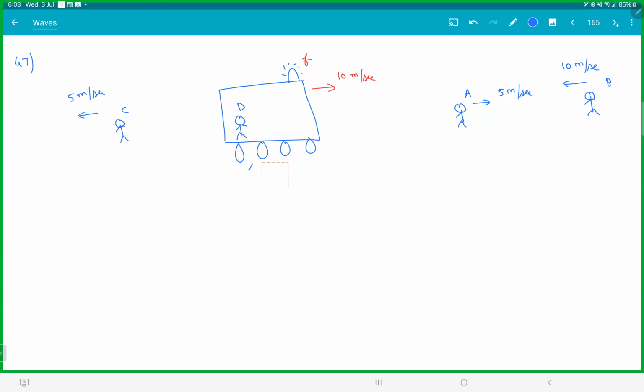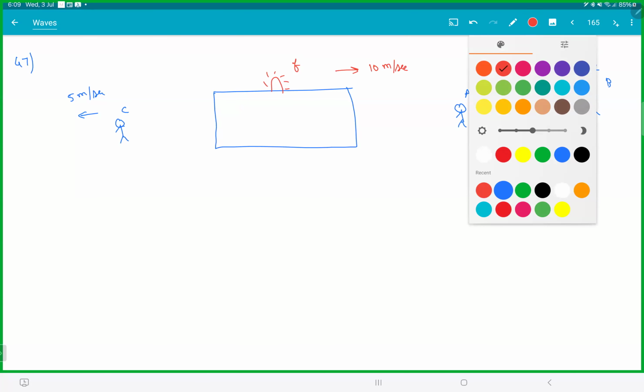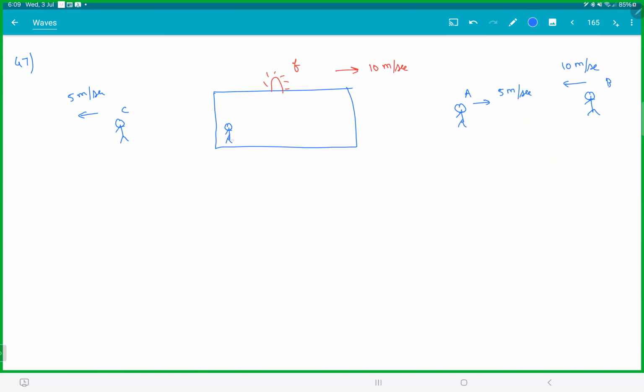Let's make it more deadly. Let's say the siren is in the middle. It's a weird bus. This is going with 10 meters per second. We have D sitting here and E is sitting here in the front. D and E are inside the vehicle at rest.